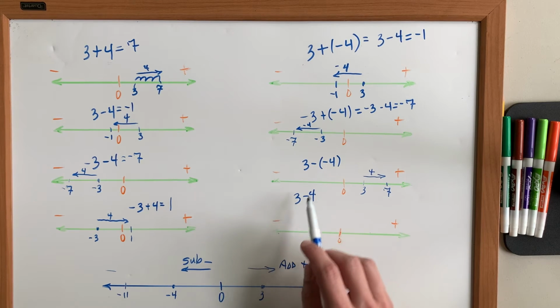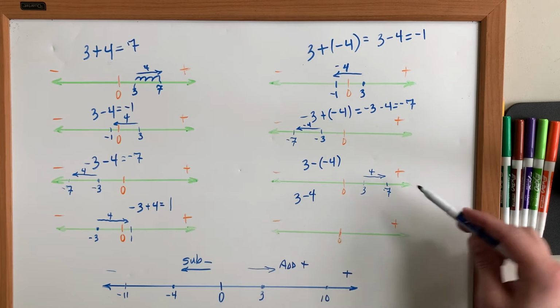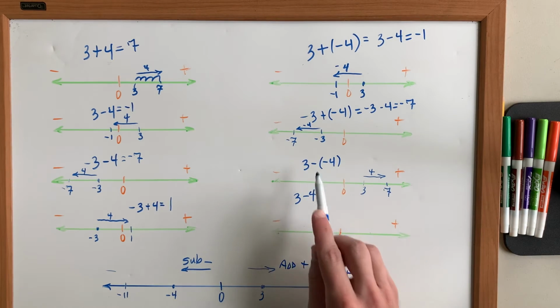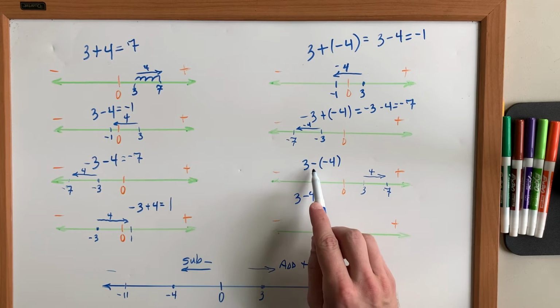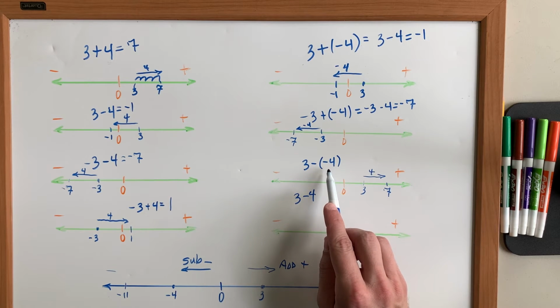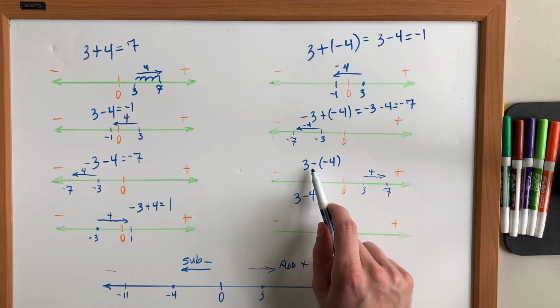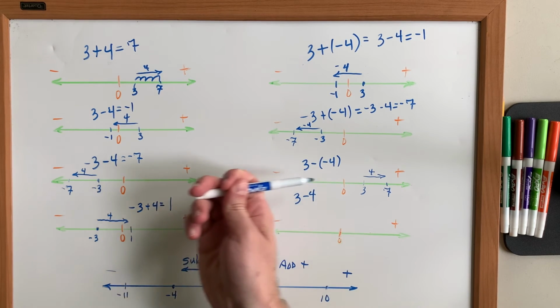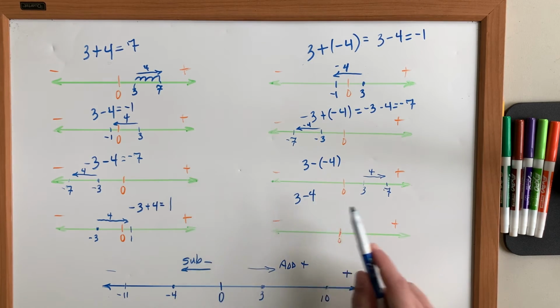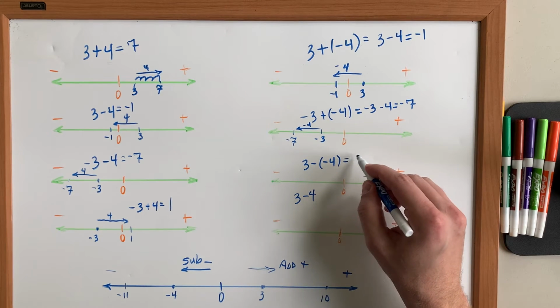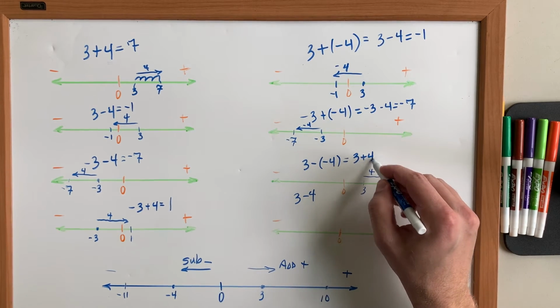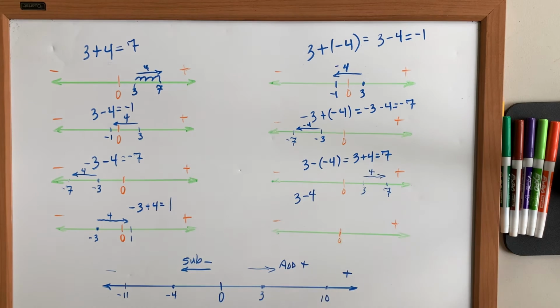Okay, see the difference there? This says 3, take away 4, so I would start at 3 and take away 4. This says 3, take away the opposite of 4. So we were going to go in this direction because of the takeaway sign, but then this opposite changed us the other direction. And so we ended up with 3 plus 4 equals 7.